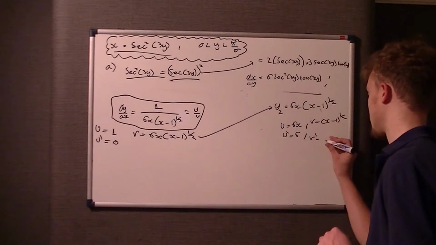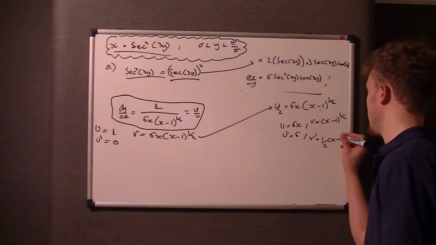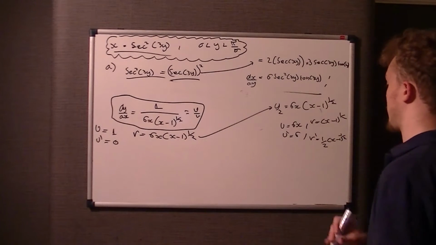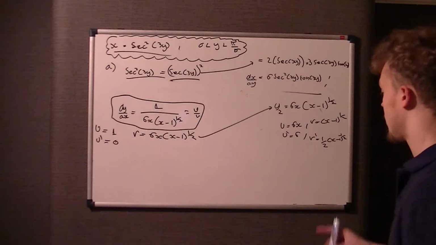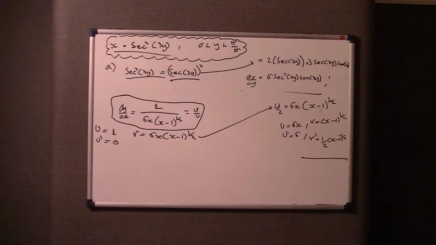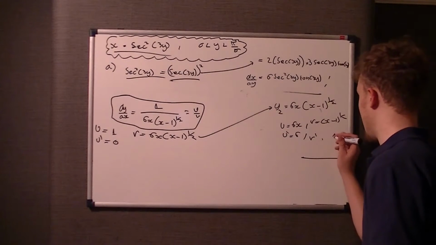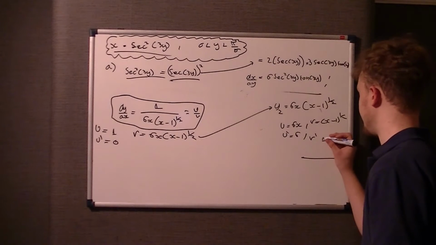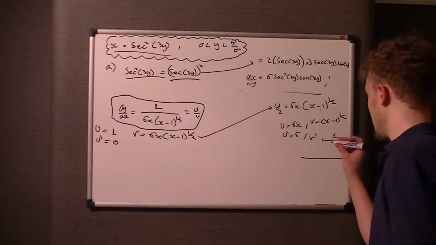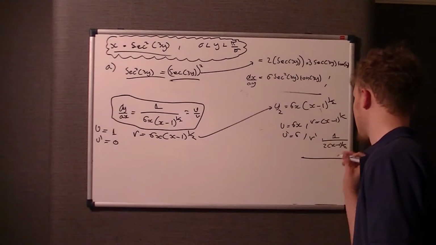So it's a half times x take 1 to the power now of negative a half, times the differential of x take 1, which is just 1. So we can just leave it as a half of x take 1 to the power of negative a half. Or in other words, you could rewrite that as 1 over 2 times x take 1 to the power of a half.